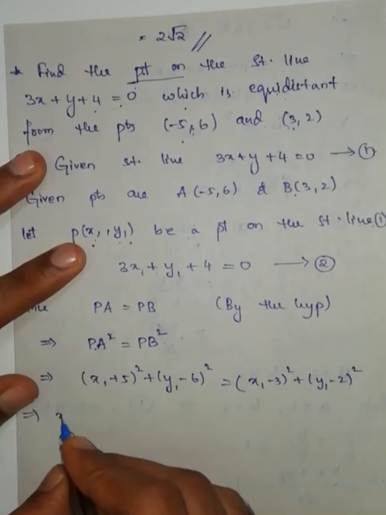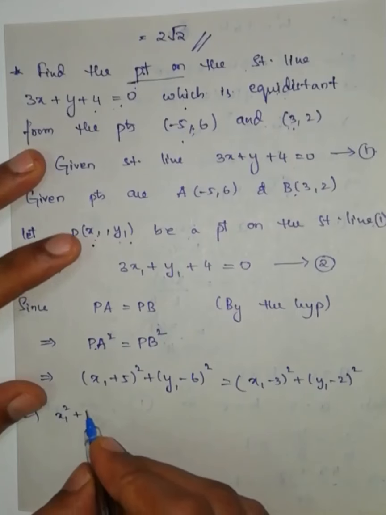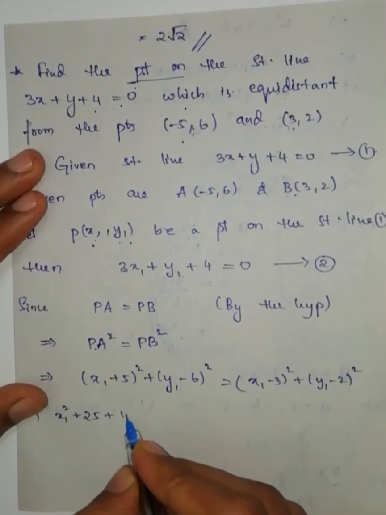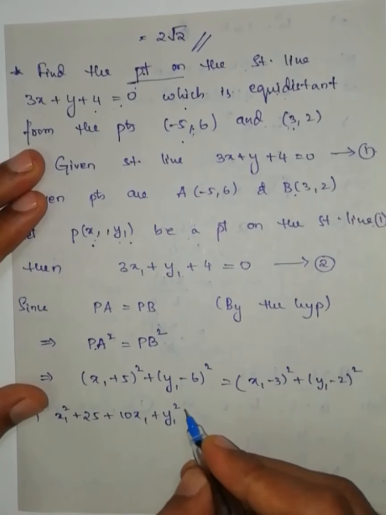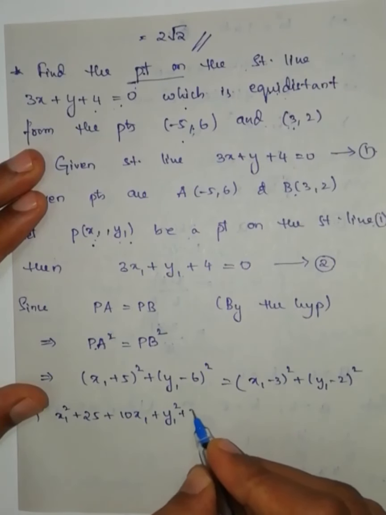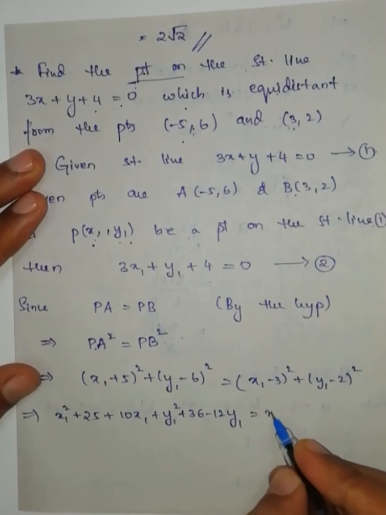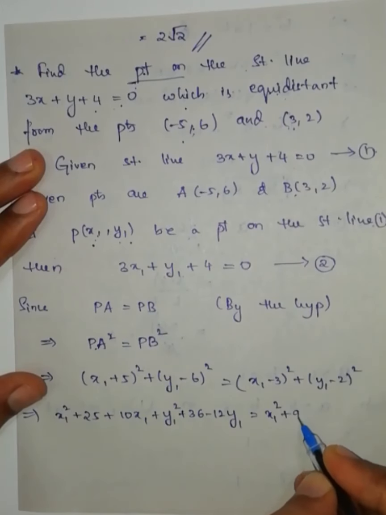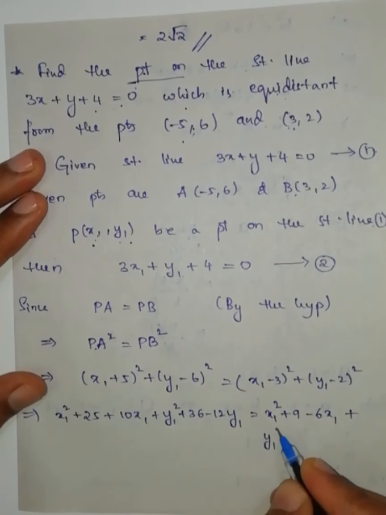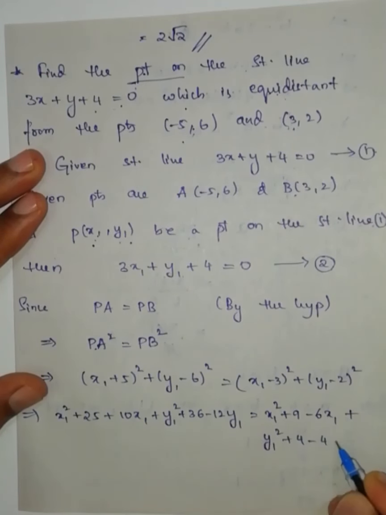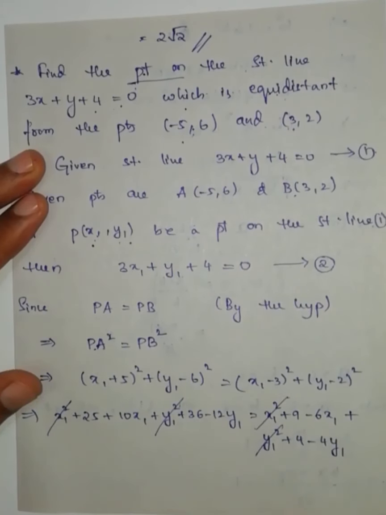This implies it is in the form of a plus b whole square, a square plus b square plus 2ab. It is in the form of a minus b whole square, a square plus b square minus 2ab. x1 square, y1 square get cancelled.